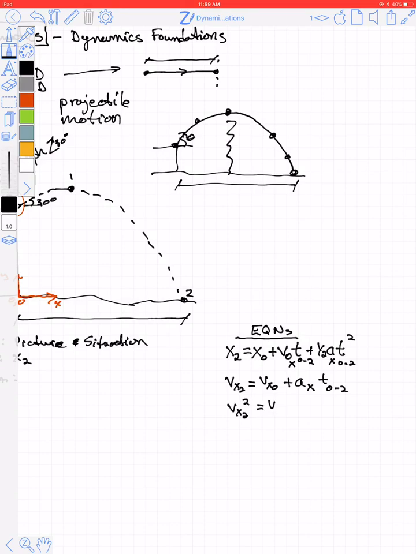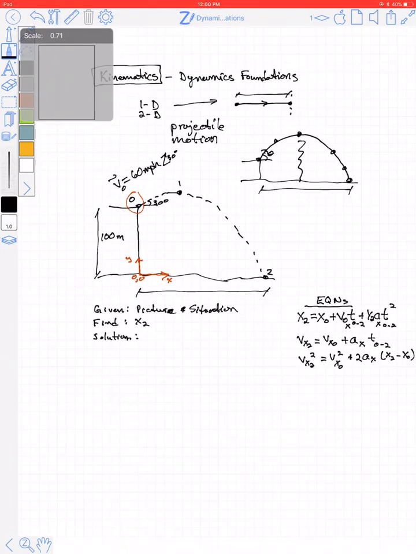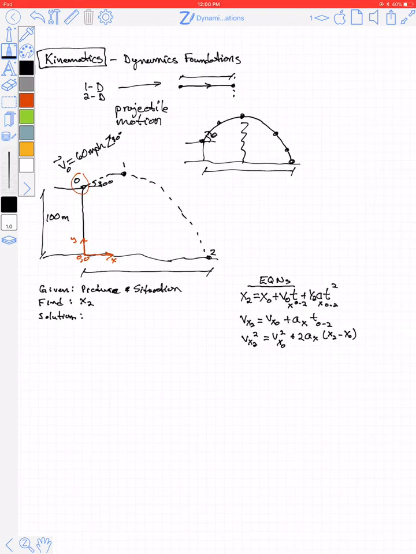And Vx2 squared equals Vx initial squared plus 2 times the acceleration in the x times x2 minus x0, delta x. All right, so those are the three x equations, and the three y equations look identical, except every place you see an x here, there is a y. And so that gives us 6 equations at our disposal for doing this problem.